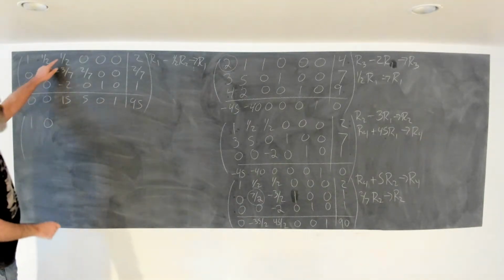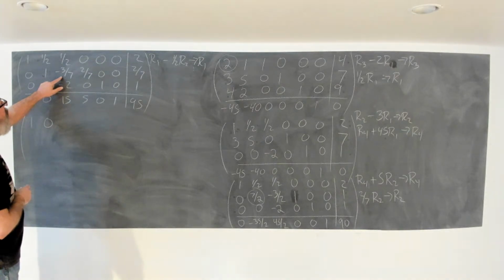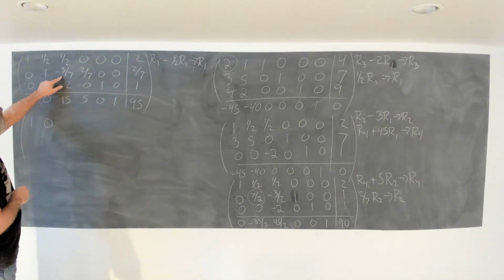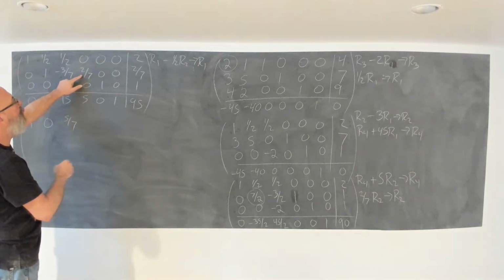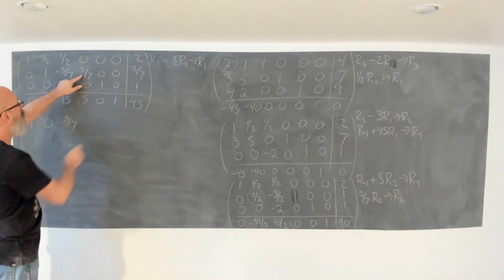1, 0. This minus 1/2. So 7, 10. 5/7. I want to say 5/7. Somebody please check that.